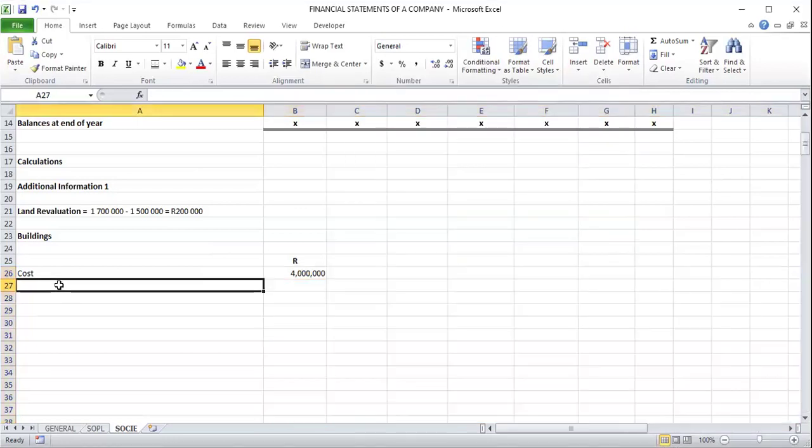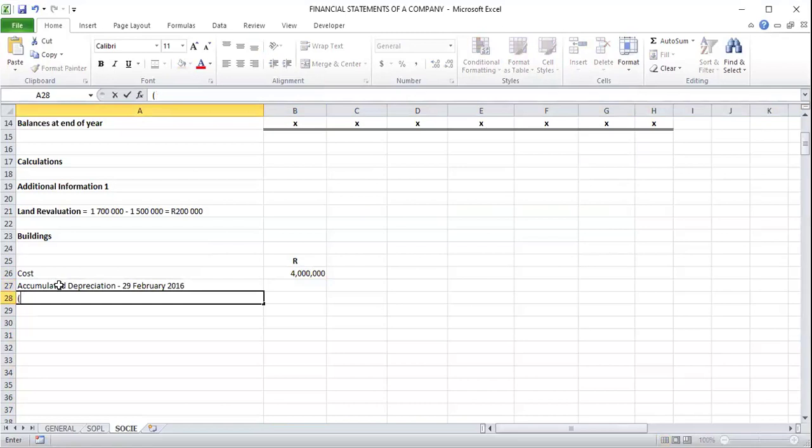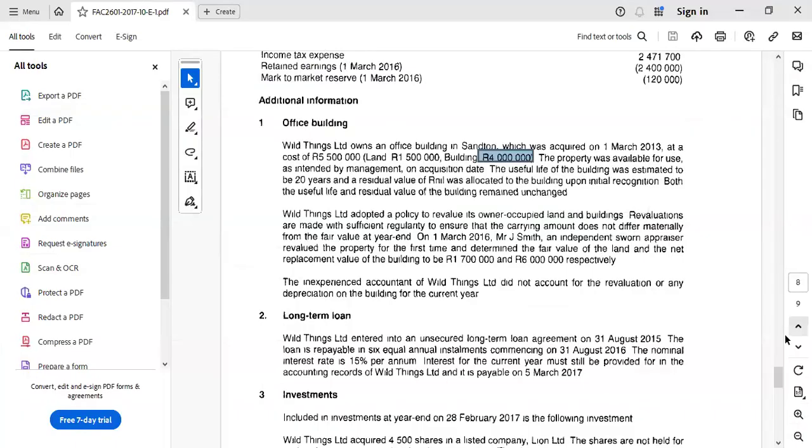Then the accumulated depreciation on 29 February 2016. We are told that this asset has a 20-year life with a residual value of nil, and it had been bought on 1 March 2013.